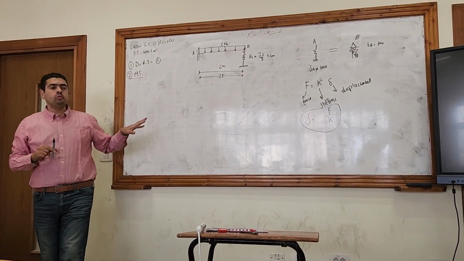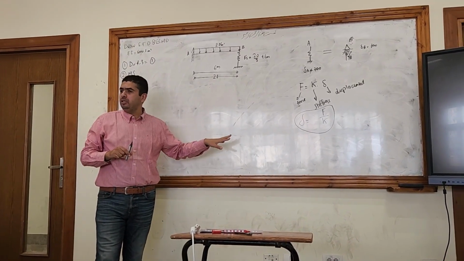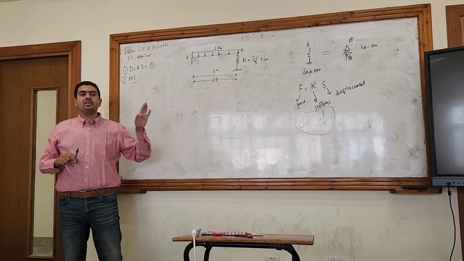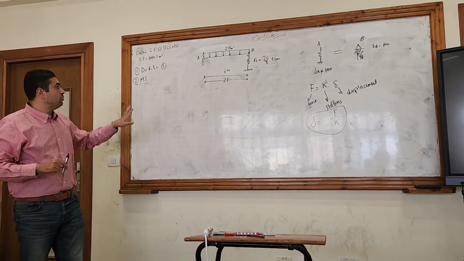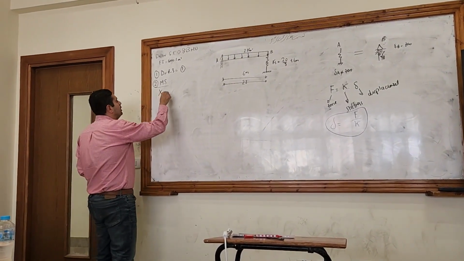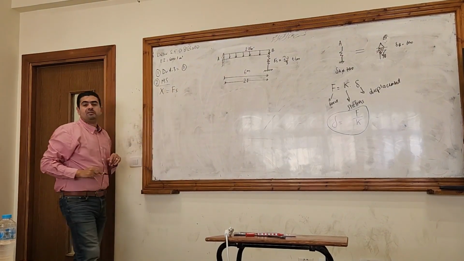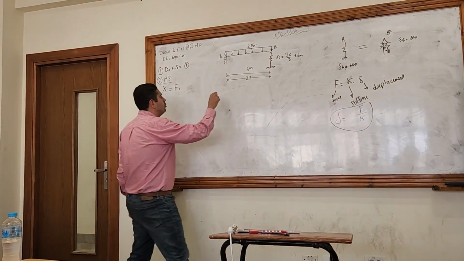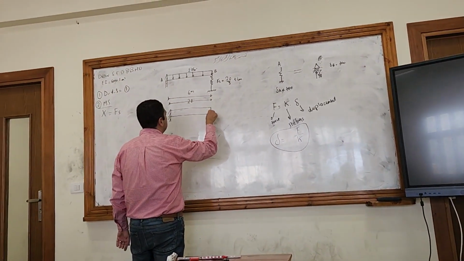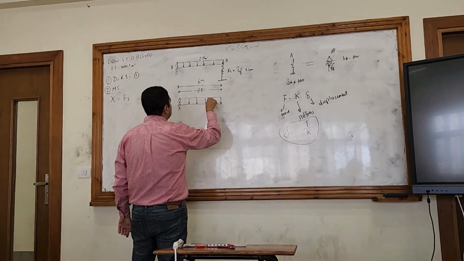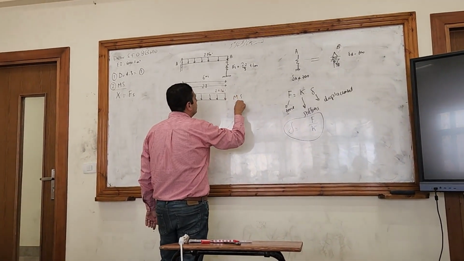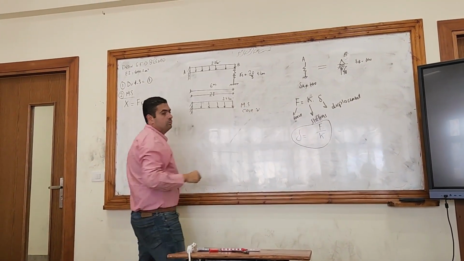So I don't need to go this hard way. So please, when you see a spring, remove it directly. So the main system here, the redundant that I will remove will be the force at the spring. So the main system will be a cantilever, fixed-free, with the same uniform load. This will be the main system that I call case zero.